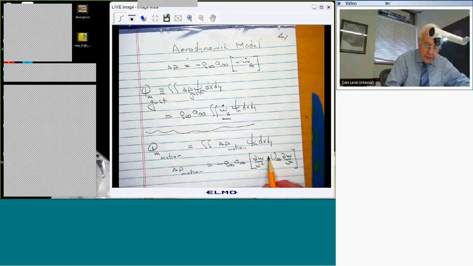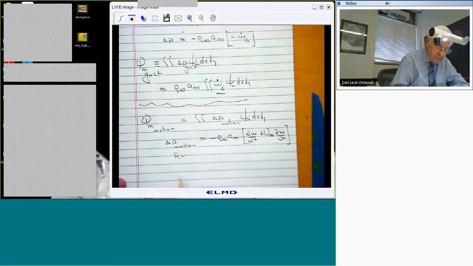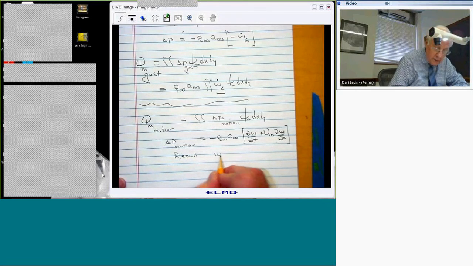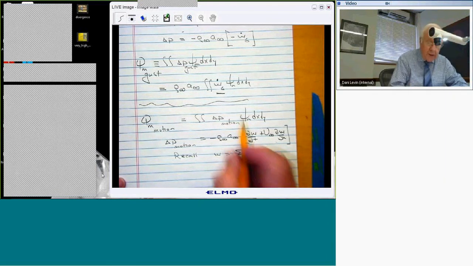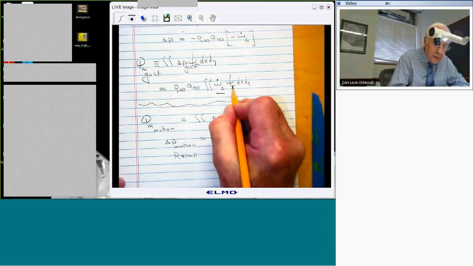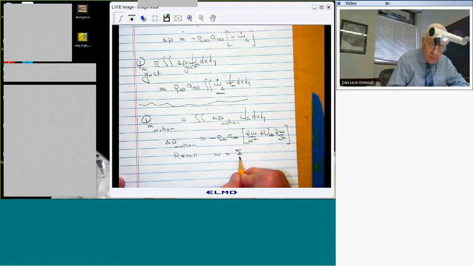So this is due to the motion. But recall, w is equal to the sum over n of qn psi n. I'm making this a sum over n so I won't get confused with that m.